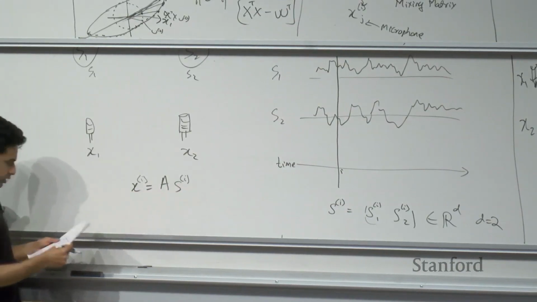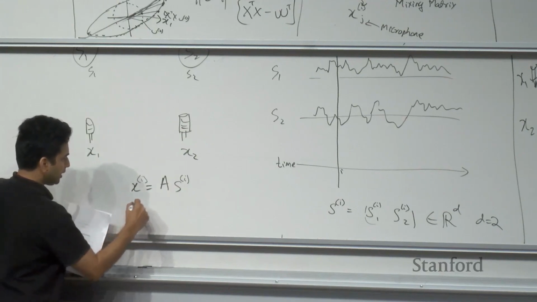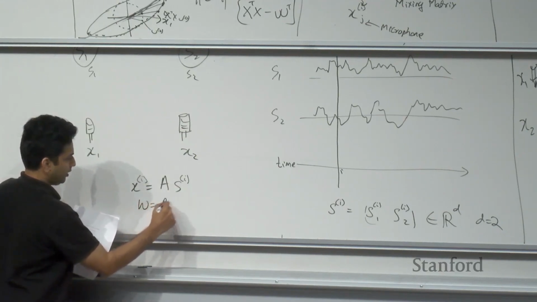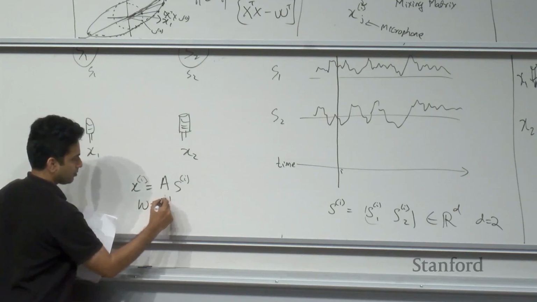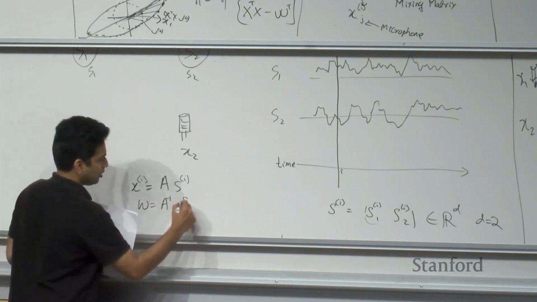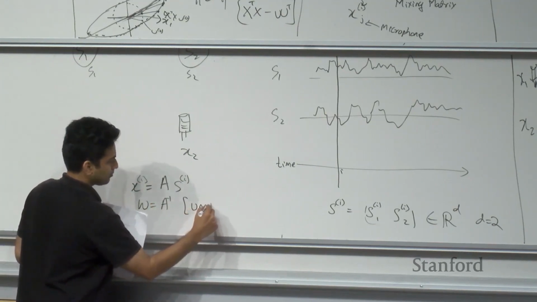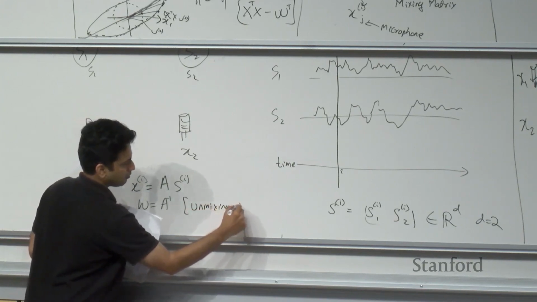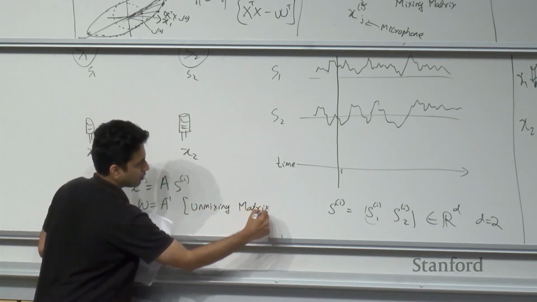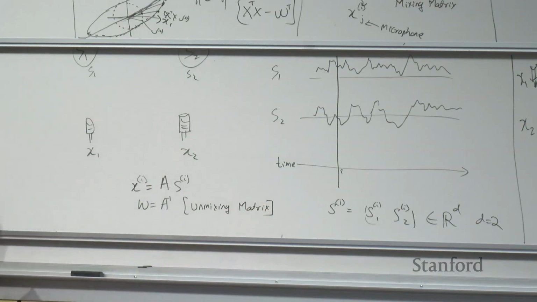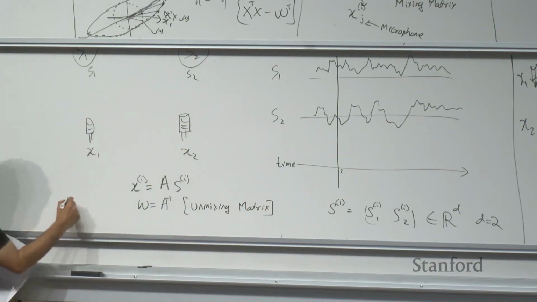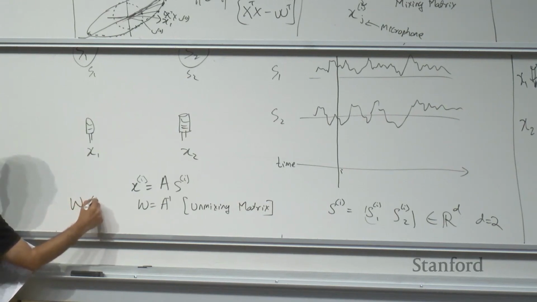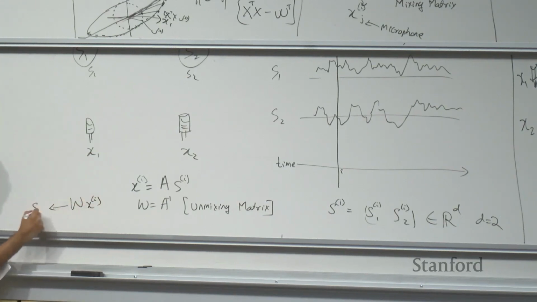And what we want to do is to calculate W equals A inverse, which is called the unmixing matrix. W can take X and return S. So the W matrix can separate the speakers.